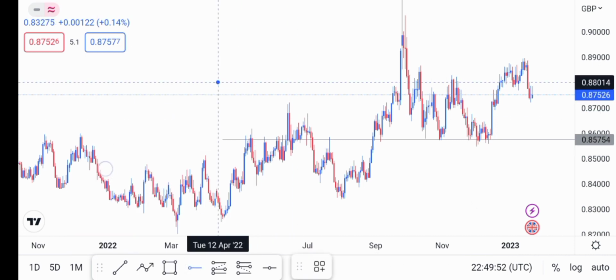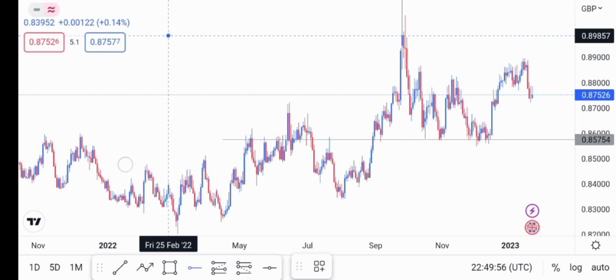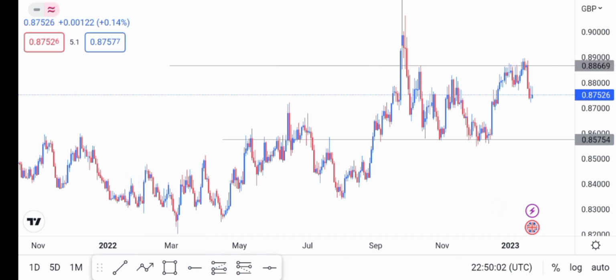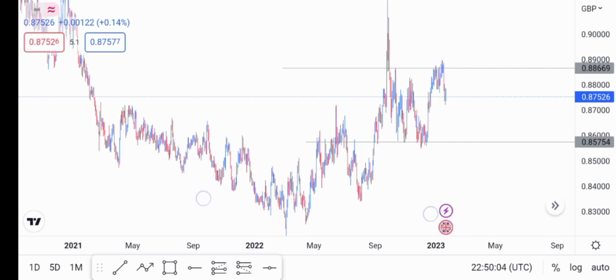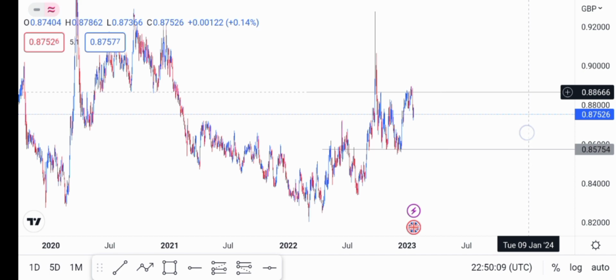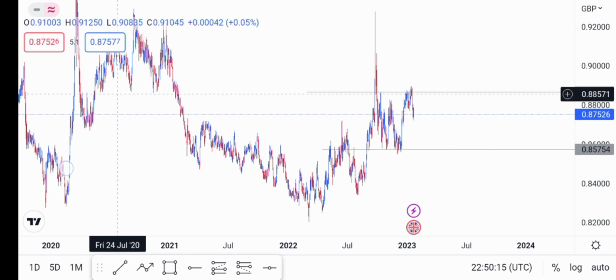Okay, so let us cater for the upper side. This is our highest level, so I'm just going to ignore it and I'm going to mark this level right over here. Let me see. You can see this level is quite significant, as it is significant around this area here.